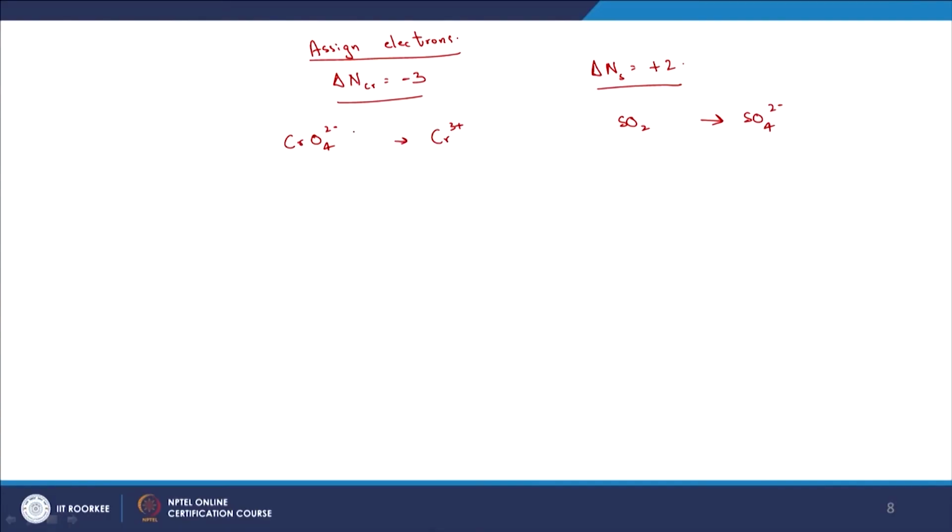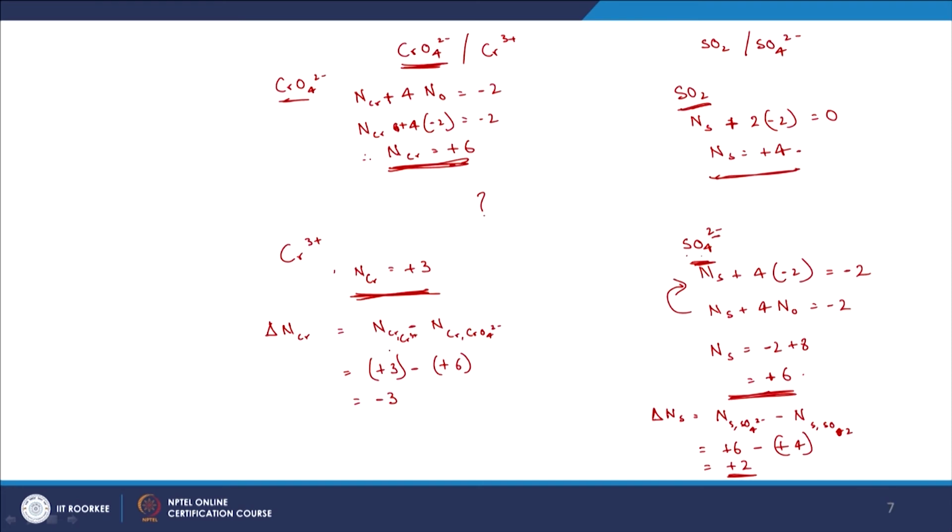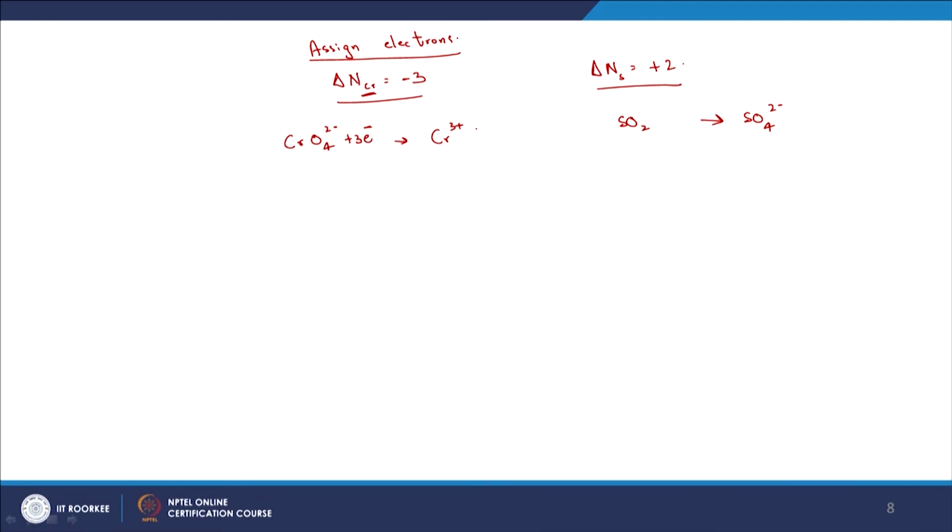So here, adding -3 here would in effect be +3 electrons here, right? So obviously how did we get this? By subtracting the oxidation state of chromium in CrO4 2- from Cr3+, pardon me, not the other way around, subtracting the oxidation state of chromium in CrO4 2- from that in Cr3+, right? So in effect that means I need to have -3 electrons here, or obviously +3 electrons on the left hand side, right? So I am assigning the electrons here. So here though I guess it's +2, so I am going to have +2 electrons here, right?